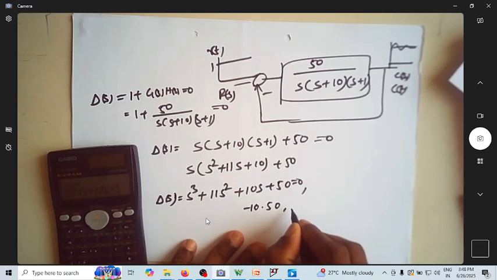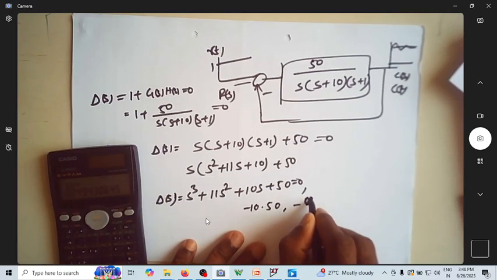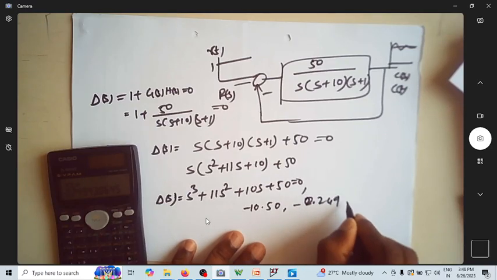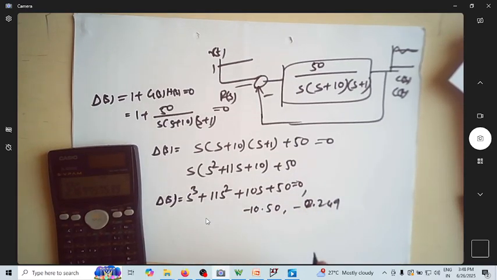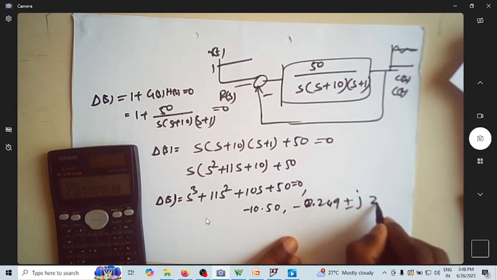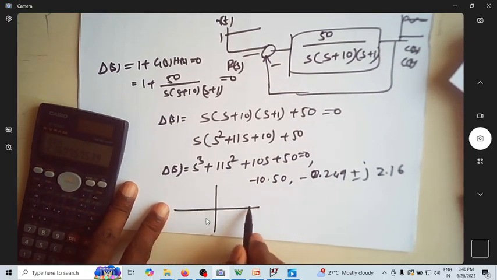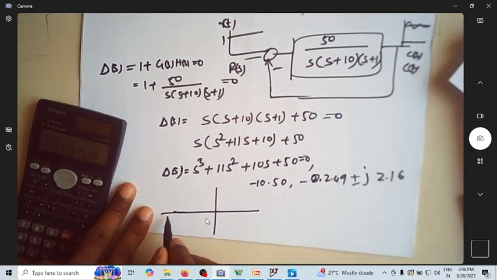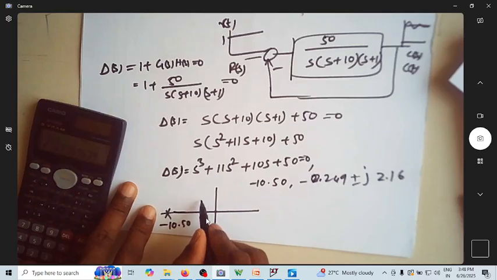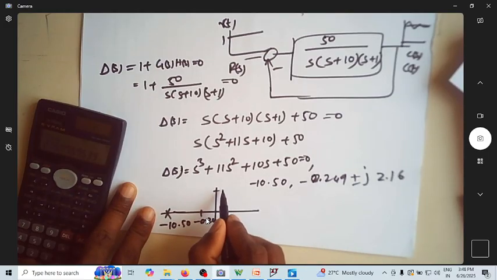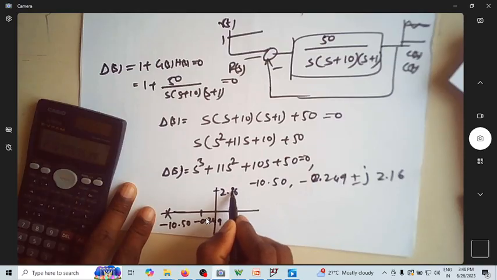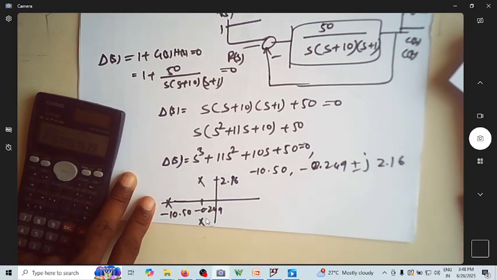The other two are at minus 0.249 plus or minus j 2.16. So I have the poles of this third order system. One is at minus 10.50 and the other two are complex. Their real value is minus 2.49 and the imaginary value is 2.16. So this is where the poles are.